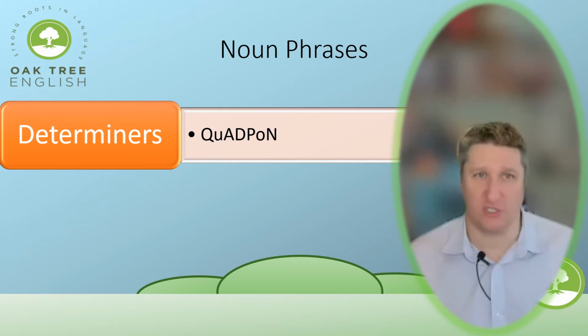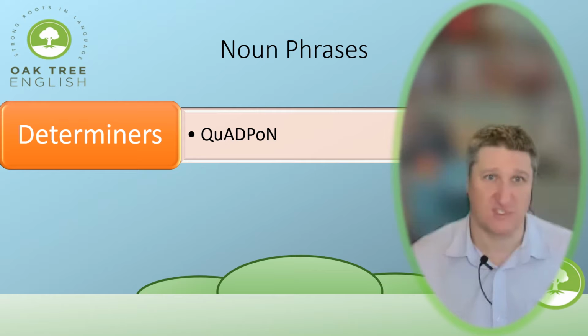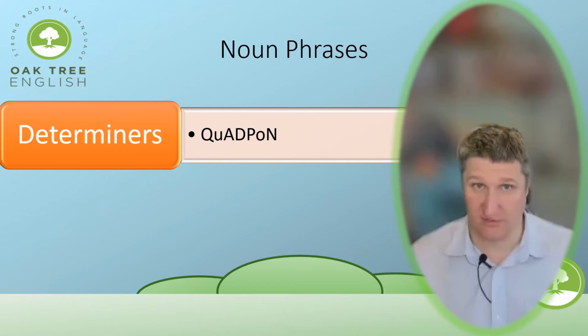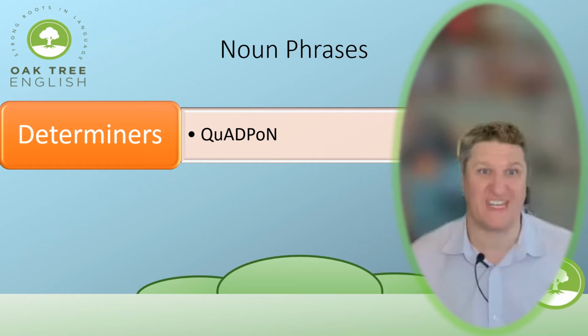The correct order of determiners is quantity, all of, some of, articles, the or a, demonstratives, such as this or these, possessive, like my, your, or Sadiq's, and number, like number 10 or 15.